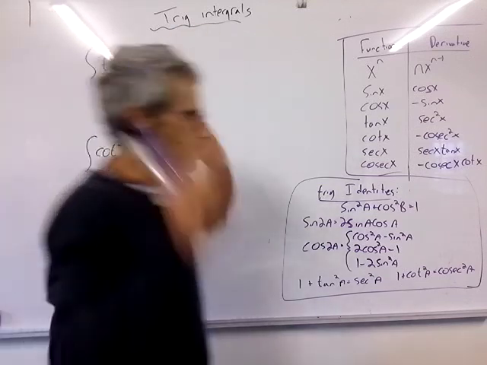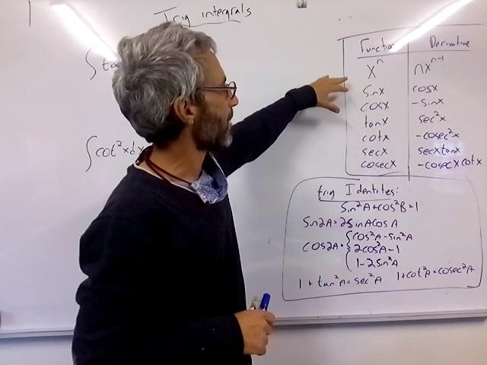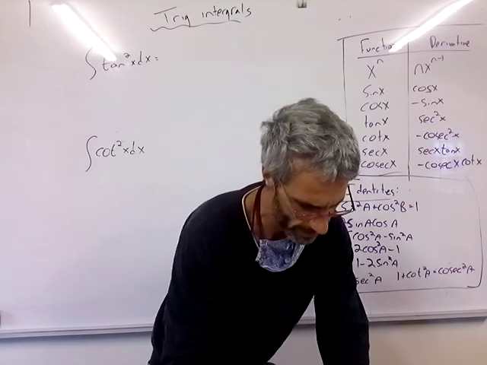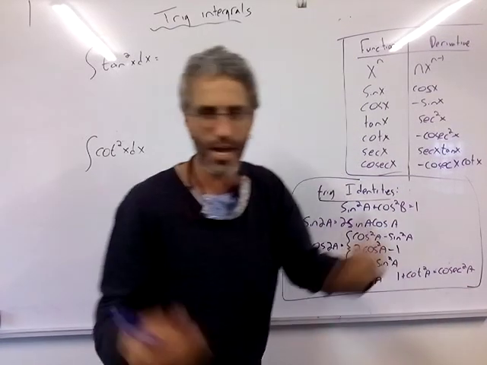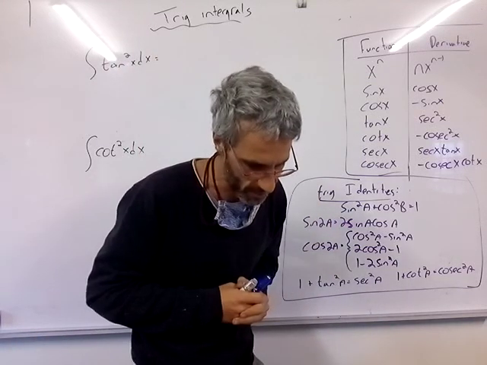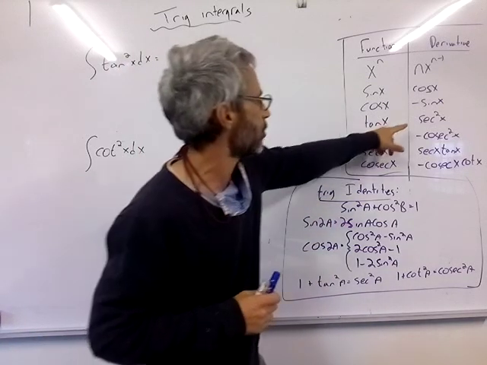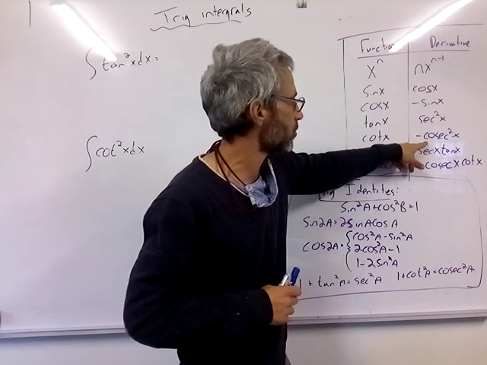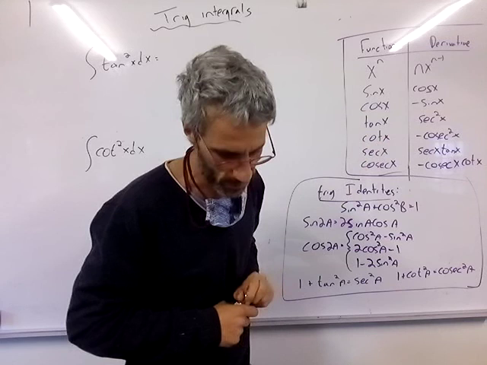So we had a look in the last lesson at what happens when I have a mixture. We had a look at when I have just a sine or cosine, but it was 3x, so we had some constants mixed up. We had the integral of sec squared, which is obviously just tan. The integral of cosec squared, which is obviously cotan.